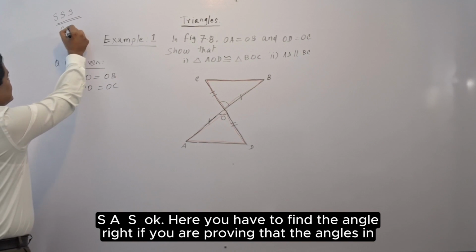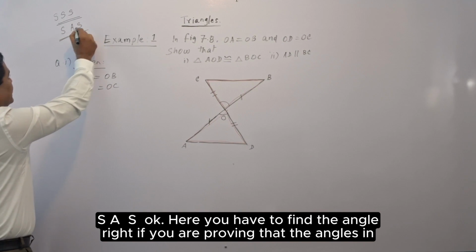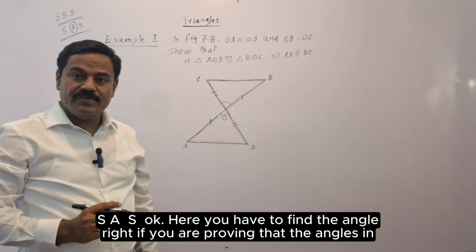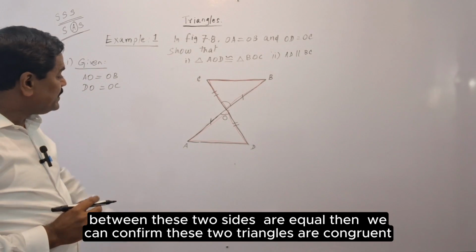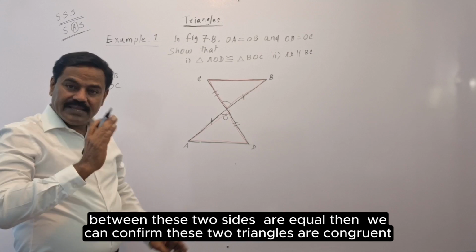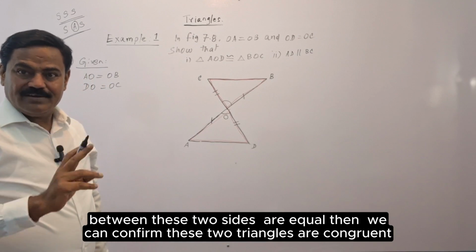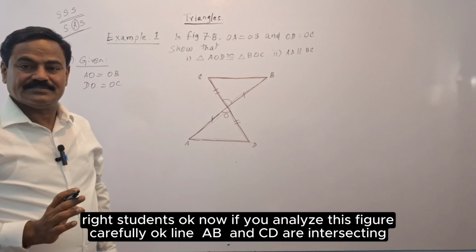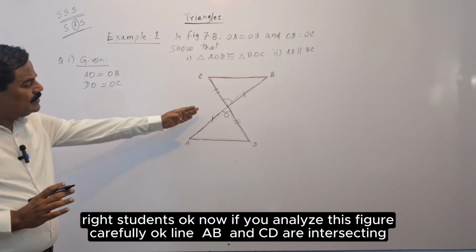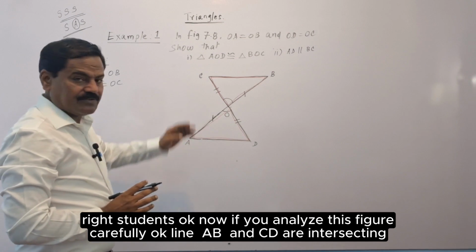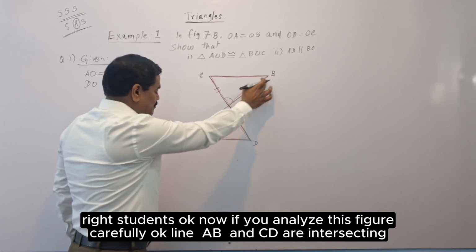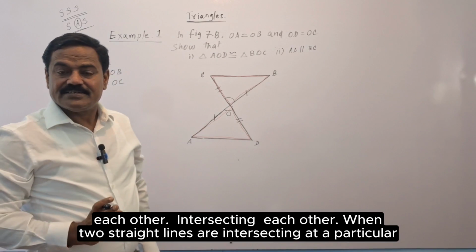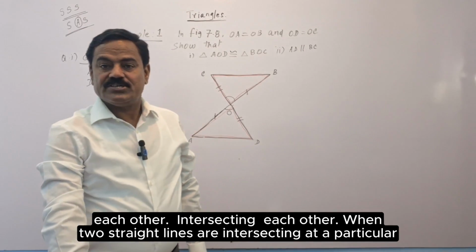Otherwise, SAS. Here you have to find the angle. If you prove that the angles in between these two sides are equal, then we can confirm these two triangles are congruent. Now if you analyze this figure carefully, lines AB and CD are intersecting each other.